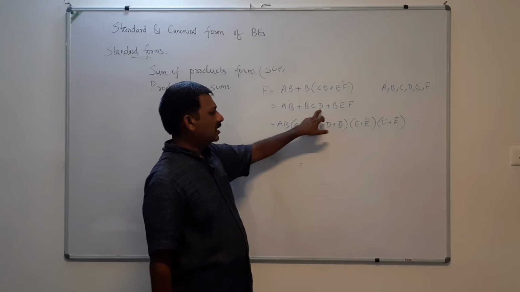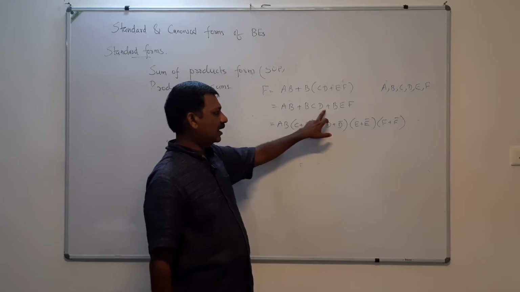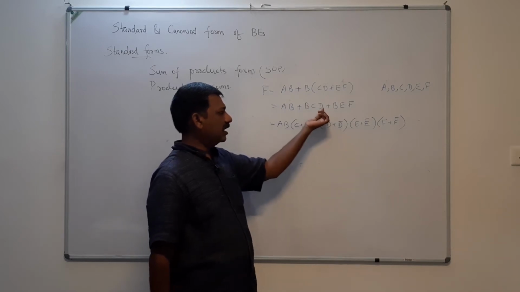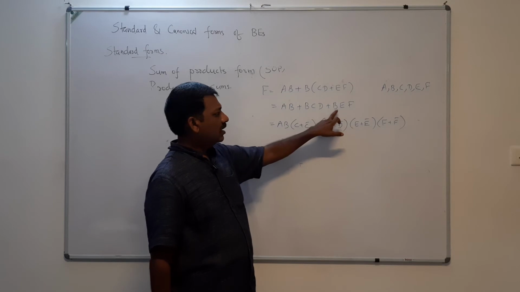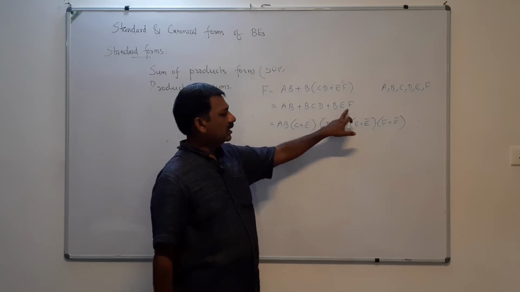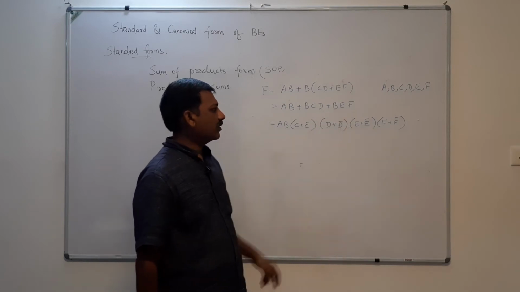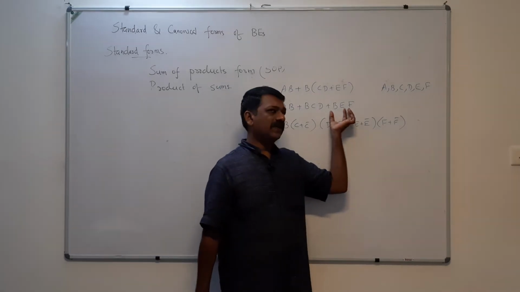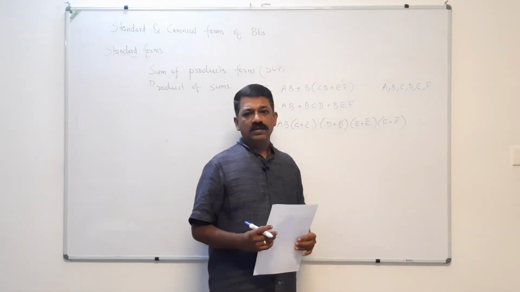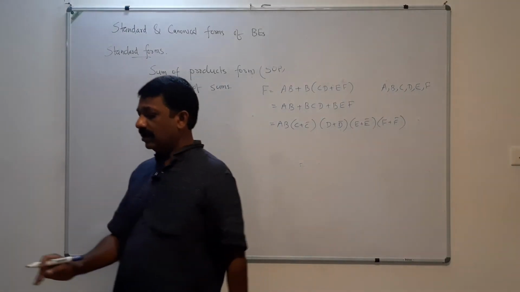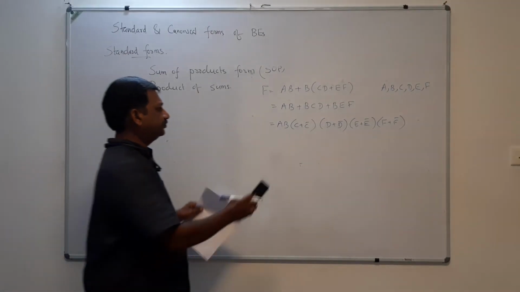BCD is there. E and F are lacking, so you have to multiply that with E plus E bar and F plus F bar. Here, what all is lacking? A, C and D. So you have to multiply this with A plus A bar, C plus C bar and D plus D bar. In that way, we can find out the standard form.